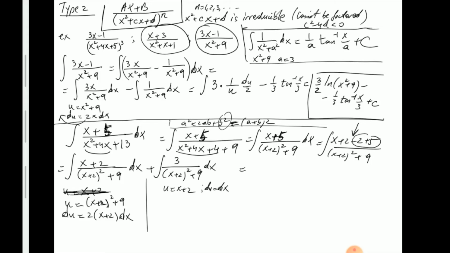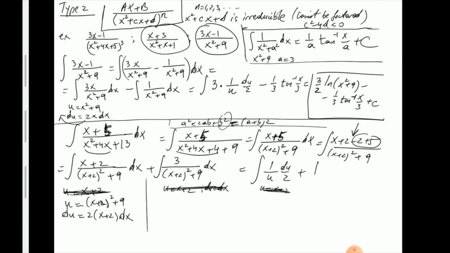And let's see, the first term becomes 1 over u, because (x plus 2) squared plus 9 is u. (x plus 2) dx is du over 2. And here again, u is going to be x plus 2. Not x plus 2, let's do actually the other substitution later.